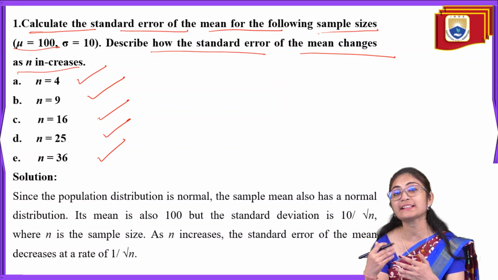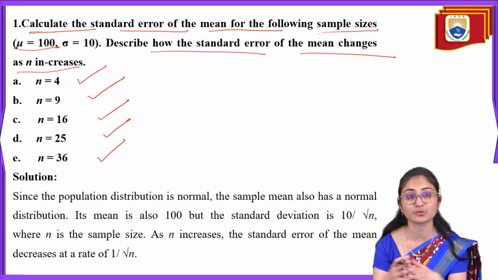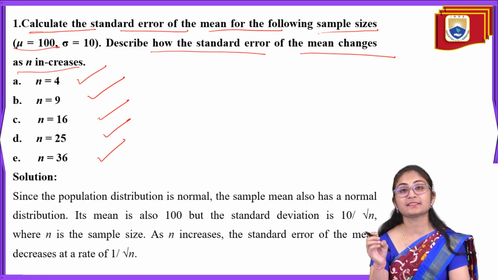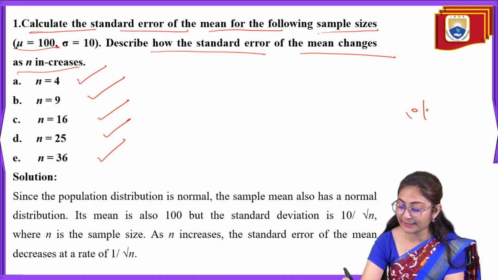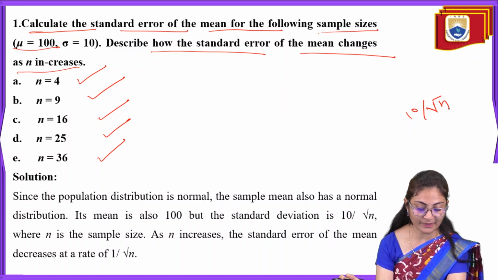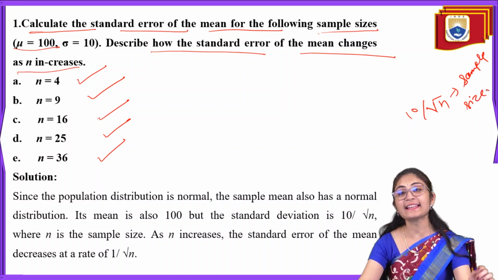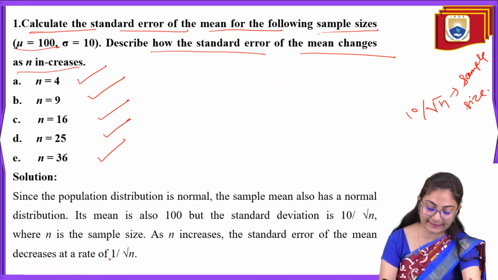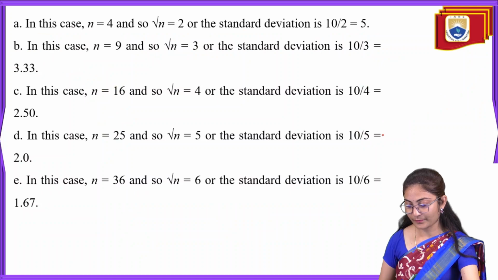Population distribution is generally normal, so the sample mean also follows a normal distribution. Its mean is also 100, but the standard deviation is 10 divided by root of n, where n is your sample size. As n is increasing, the standard error of the mean decreases at the rate of 1 by root n.